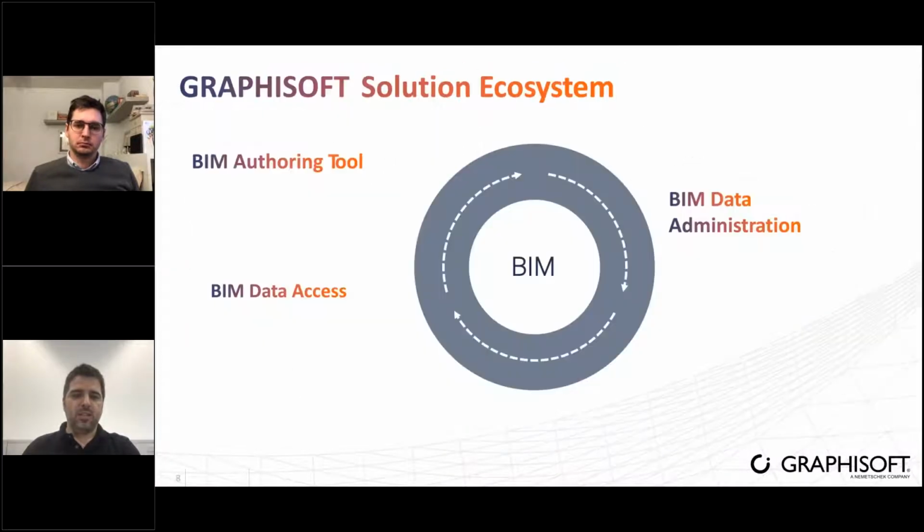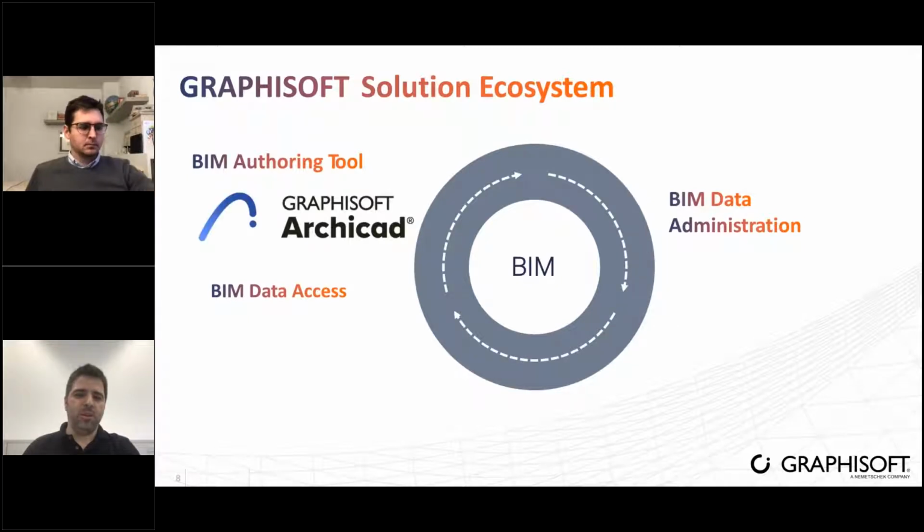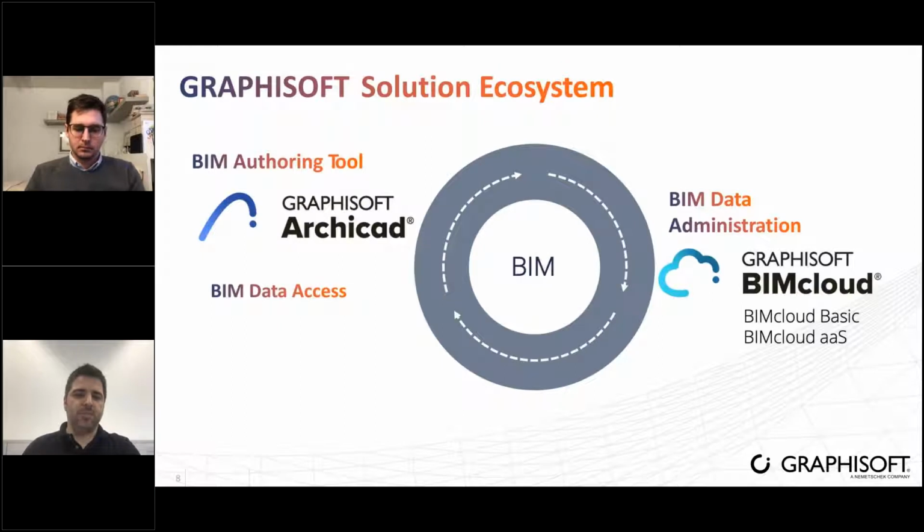For this, we have 3 main tools that are part of our portfolio. We have a BIM authoring tool, which is ArchiCAD. Here is where we generate the data, where we generate the BIM model. We have BIM Cloud, where we can collaborate, connecting many different ArchiCAD users to work in one single file, one single project, one single database of the building.